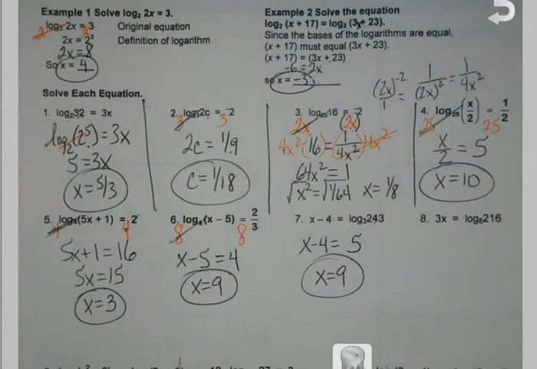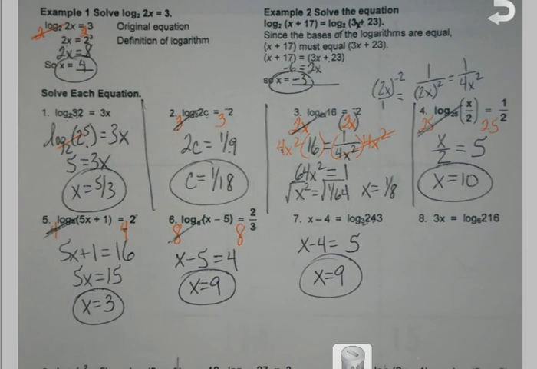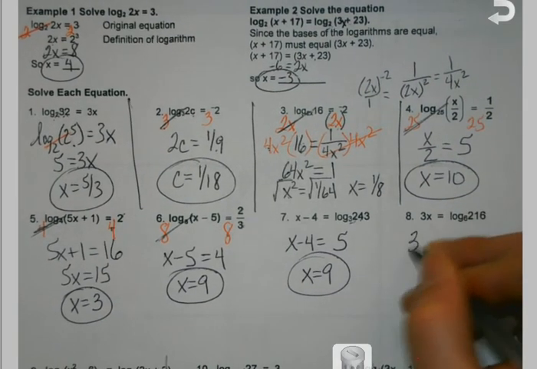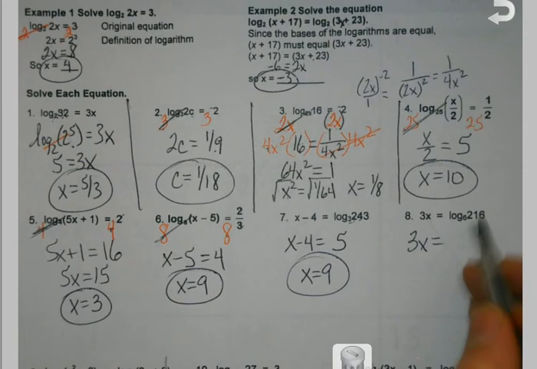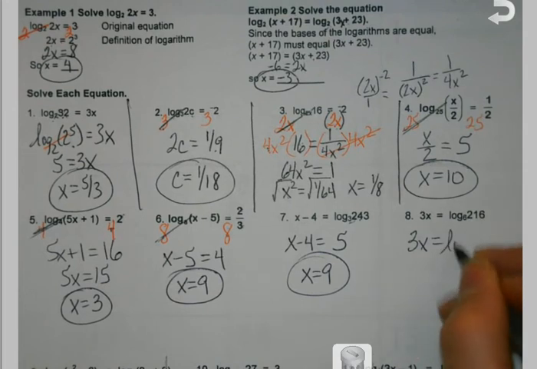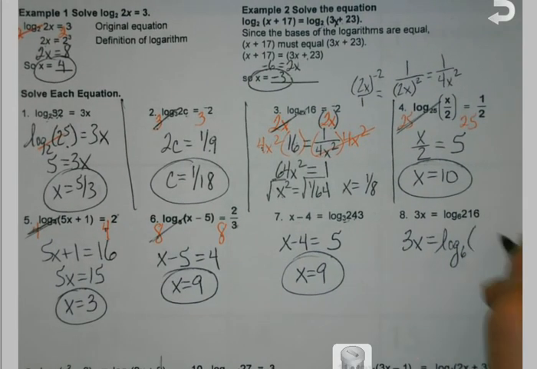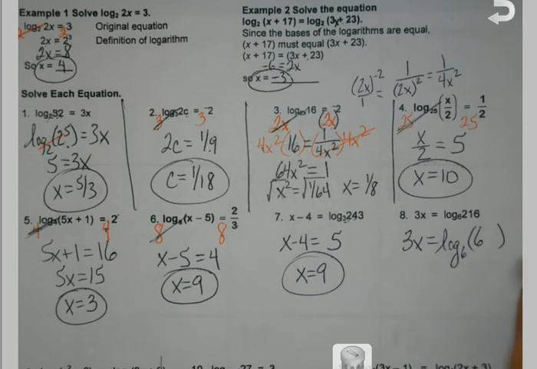And again, just keep reminding yourself when you're doing these type of problems, and I'll actually do it completely out on this one. When you get into something like this, what you're basically doing is saying, okay, I want this to be something that's a base 6. So 6 to some power gets me 216.